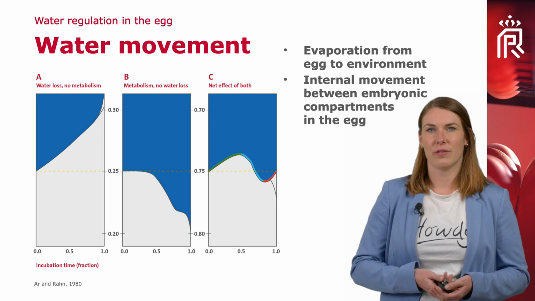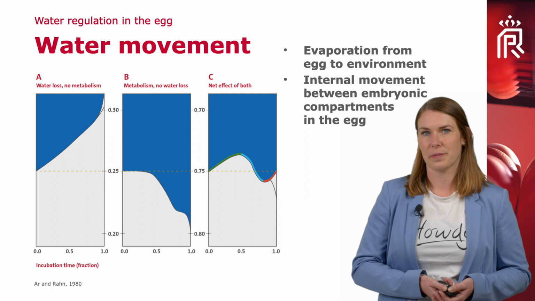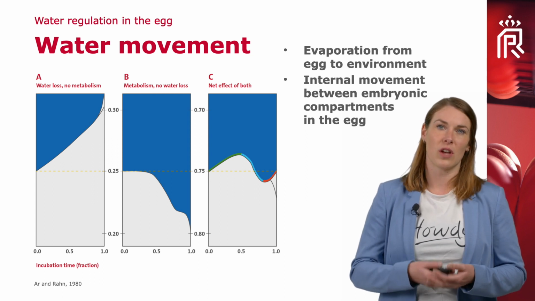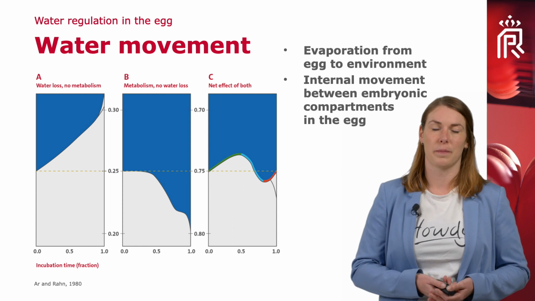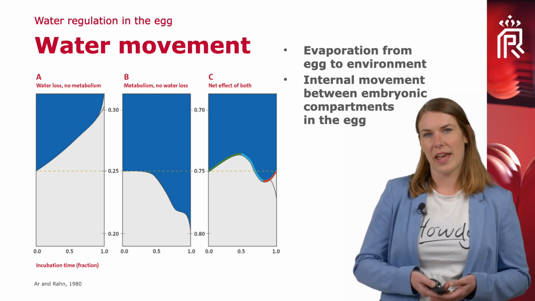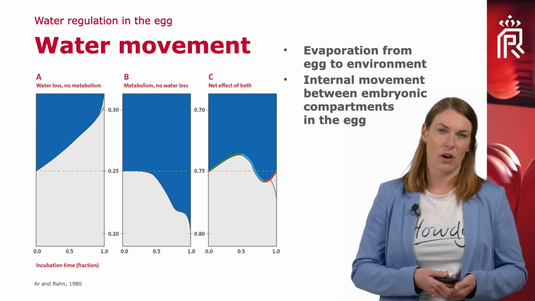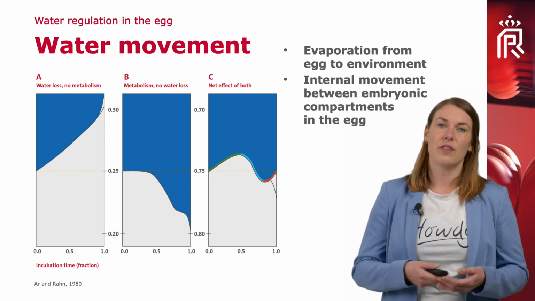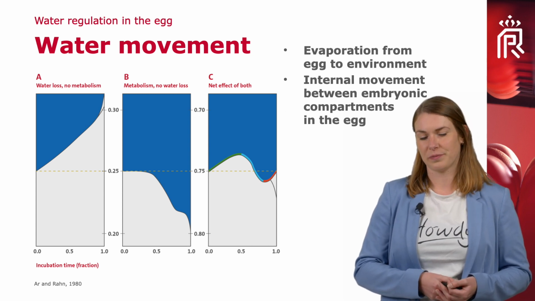The left graph shows us an incubated egg without embryo development. So we see that the amount of solids is actually becoming greater over time as the water is evaporating. The middle picture is an egg with a growing embryo inside, but without the possibility of evaporation. And the first two graphs are actually combined in the last graph.